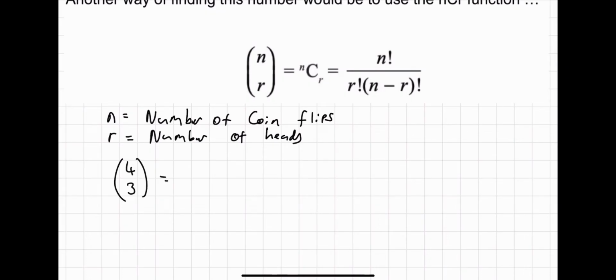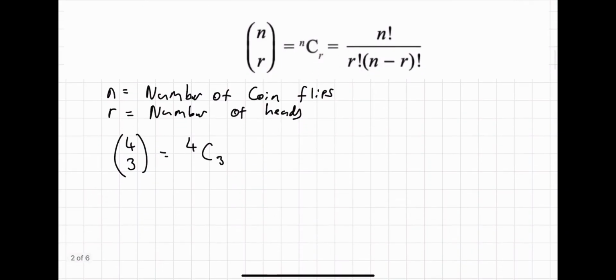If you type that into your calculator as 4 choose 3, this will tell you all the possible ways you can get 3 heads with 4 tosses of a coin. It does all the combinations for you. It uses this formula over here: 4 factorial over 3 factorial, and then 4 minus 3, which is 1, factorial. I'll explain what these exclamation marks mean in a second.